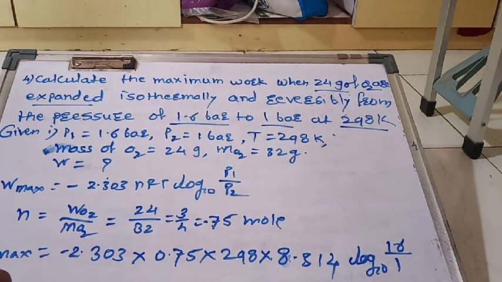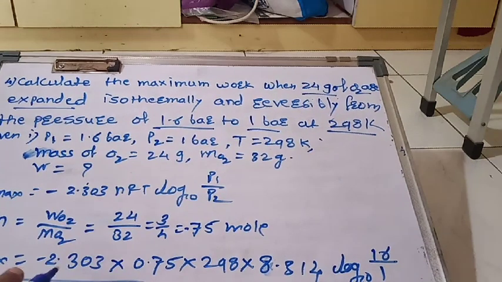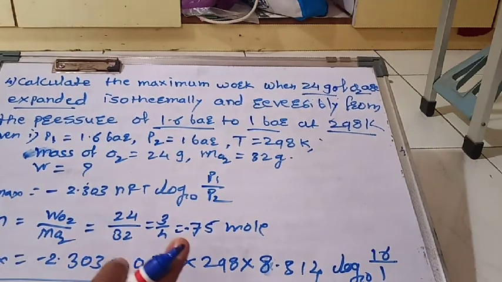So W max, if we calculate this, then you will get answer which is minus 873.4 joules. So you can calculate by log, you will get answer, that is minus 873.4 joules.